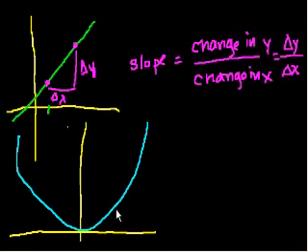The slope at a given point would be the same as the slope of a tangent line. For example, the slope at this point right here would be the same as the slope of this green line, because this line is tangent to it.